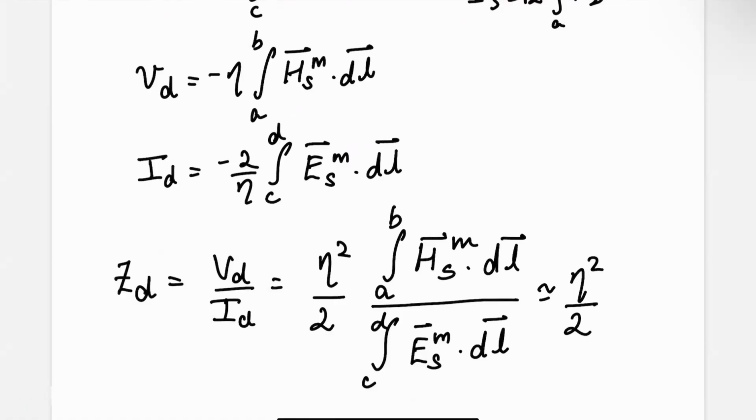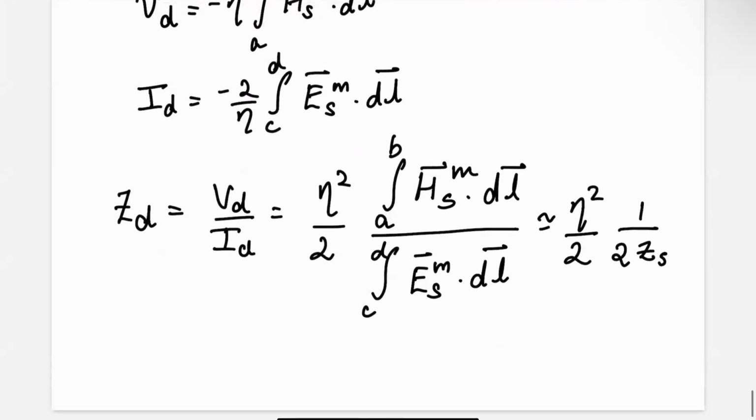So this is nothing but 2Z_S, where Z_S is for the slot. So that implies that Z_D Z_S is equal to eta squared over 4.